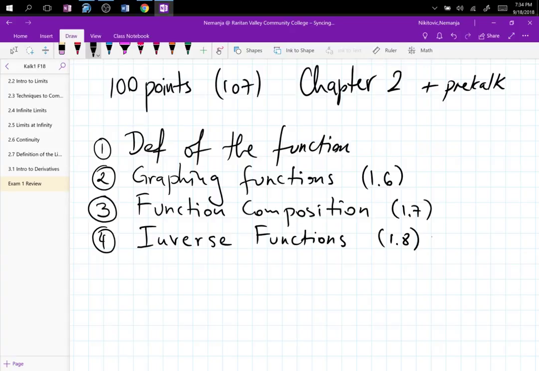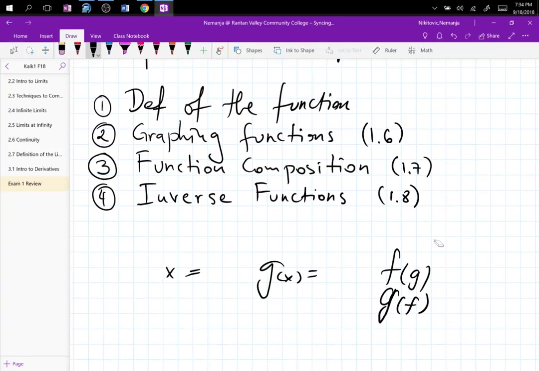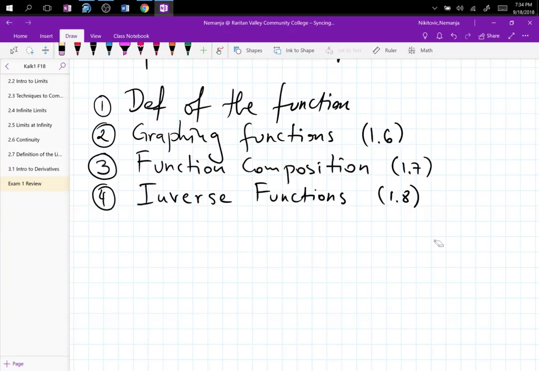So that's that. Function composition, well, this one is easy because you are still doing it forward. So I give you f of x, I give you g of x, and I ask you what's f of g and what's g of f, right? So that's 1.7. And inverse functions finally.